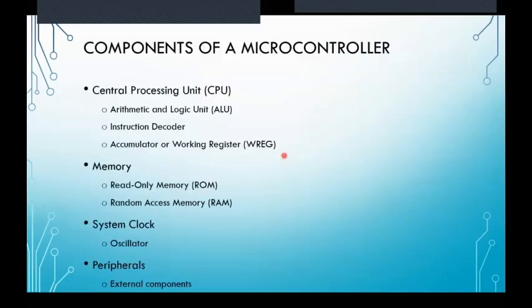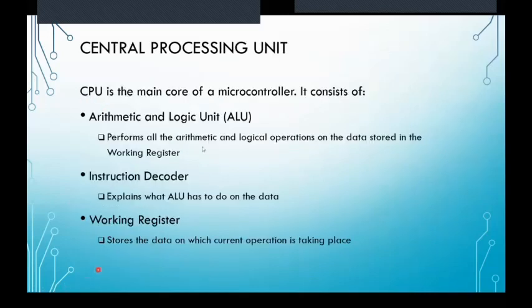Now, looking at the components of a microcontroller, you have 4 main components: central processing unit, the memory, system clock, and the peripherals. So in the CPU, you have the ALU, arithmetic and logic unit, which performs all the arithmetic and logical operations on the data.